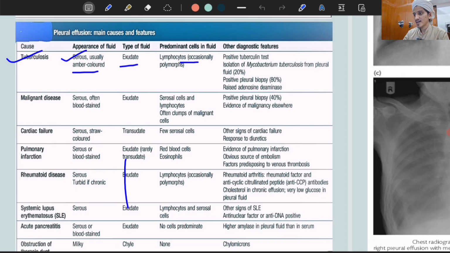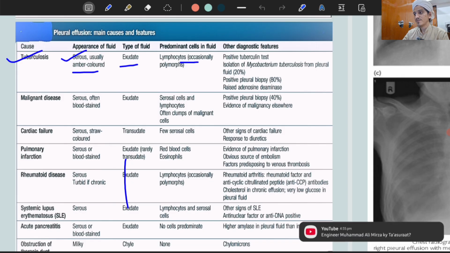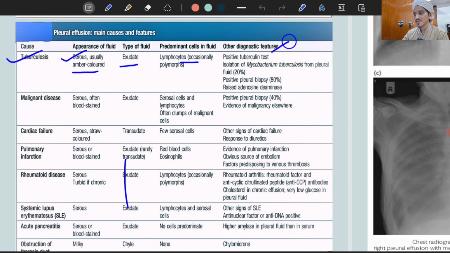Other features which you can use for confirming tuberculosis: a positive tuberculin test, which is diagnostic in children but not in adults. Or isolation of MTB from pleural fluid, which is possible only in 20% of cases. That's why this is not much of value in diagnosing TB.